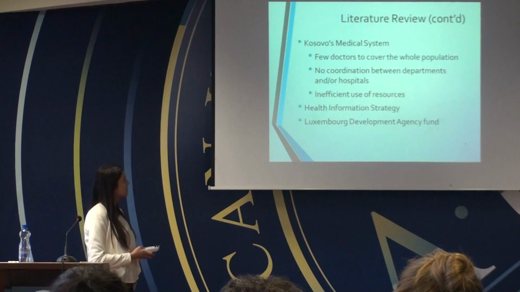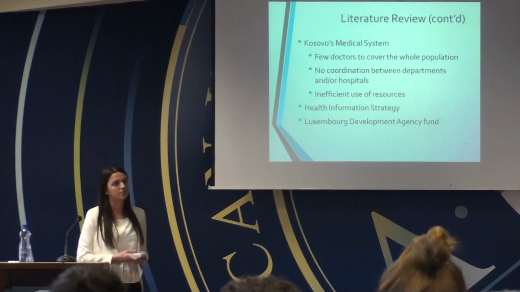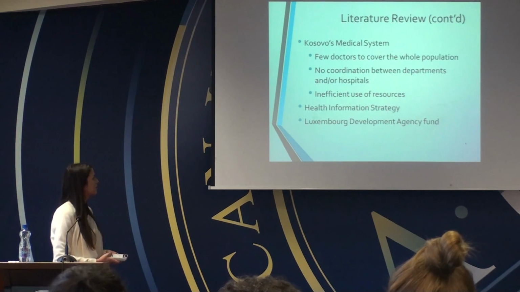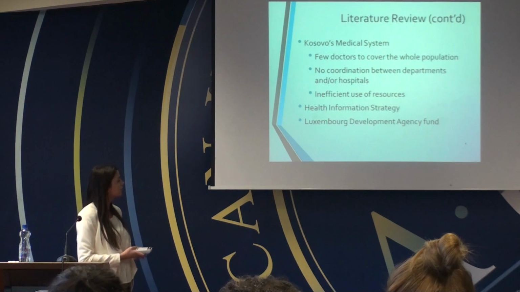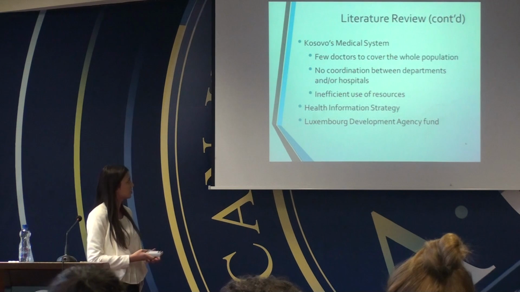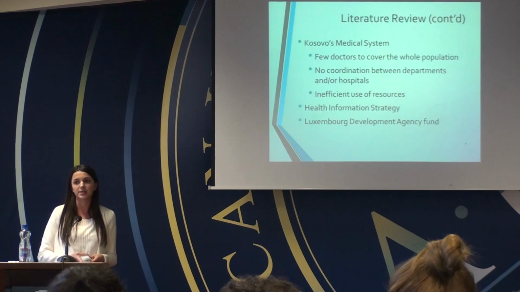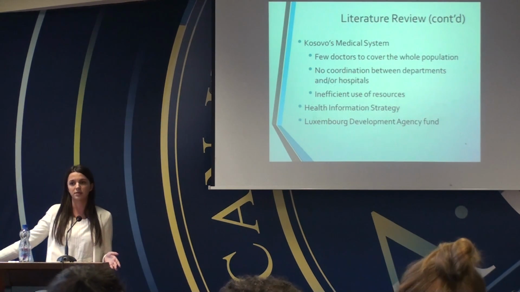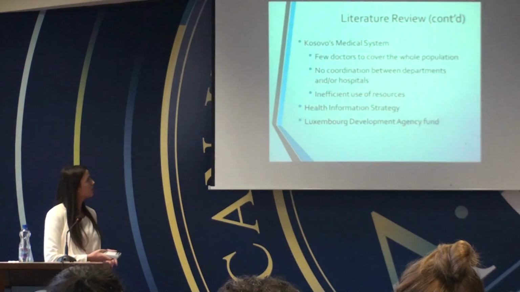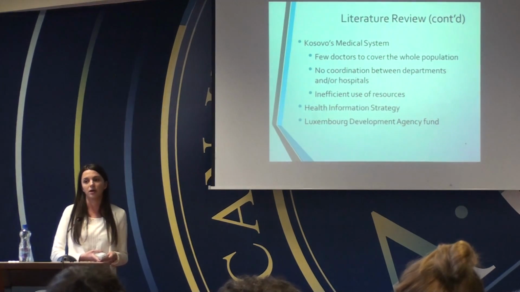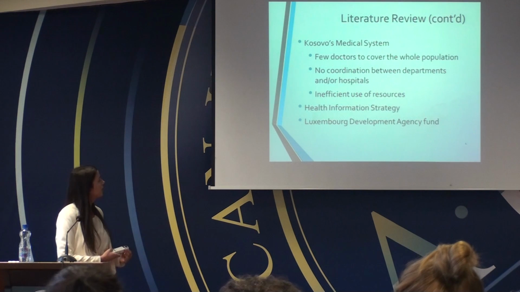In Kosovo specifically, there have been some issues with the medical system in the past. There are few doctors to cover the whole population. The standard in the EU is 4 doctors per 1,000 people in an area, whereas we have 1 doctor per 1,000 people.